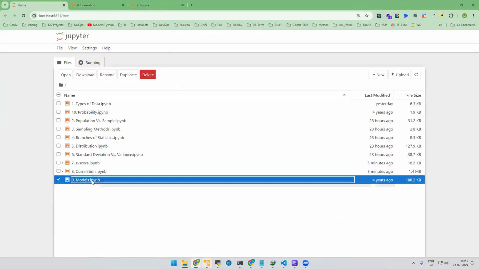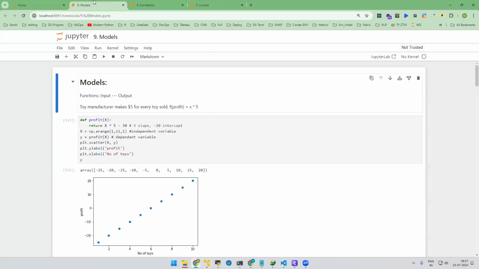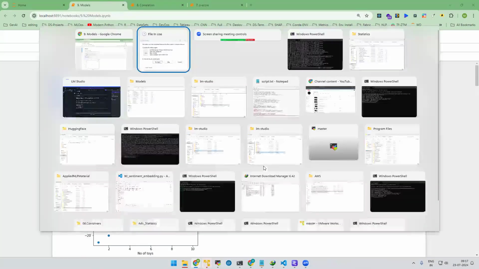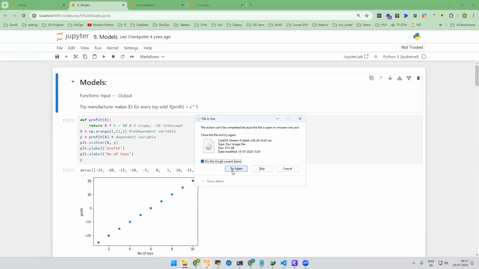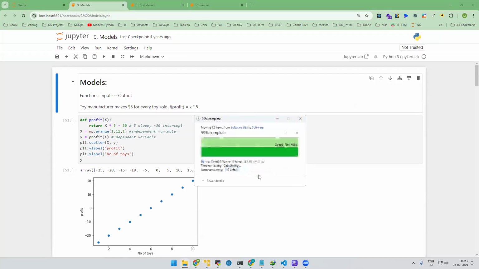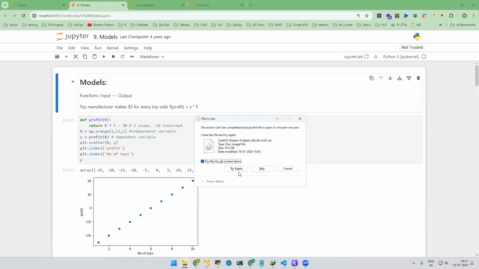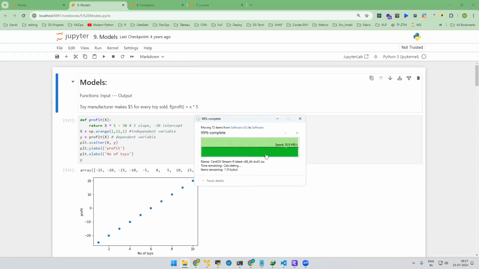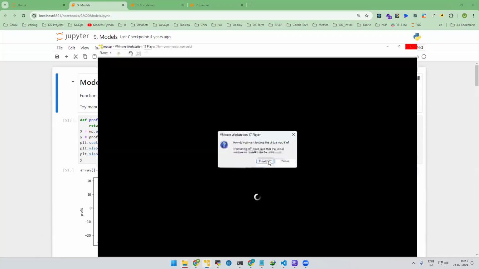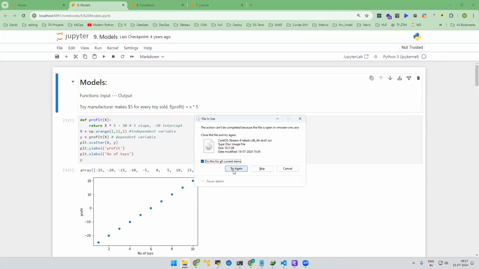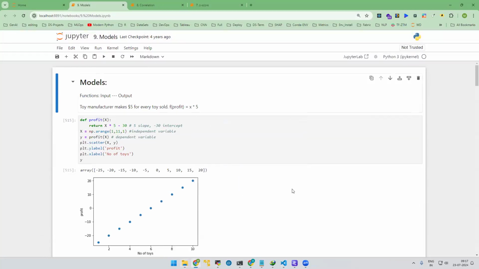The next one is the models. Models is basically what you get if you feed data to an algorithm. All right.